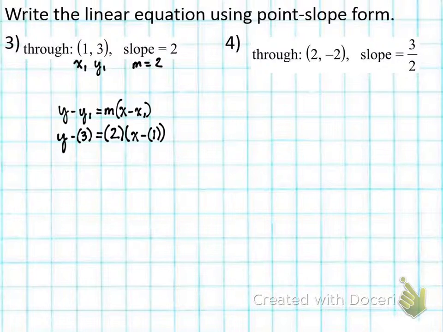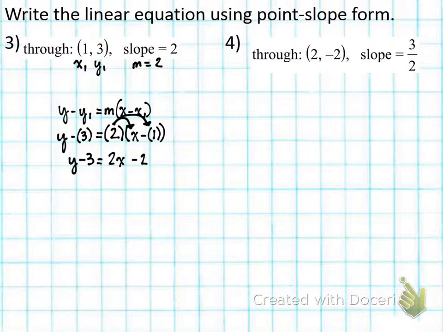Good. Okay, so now we're going to simplify this a little bit. We're going to write y minus 3 is equal to, and we got 2 times x. What's 2 times x? 2x, good. Now we're going to do the next one. And what's 2 times negative 1? Negative 2, okay. Turn to your neighbor.